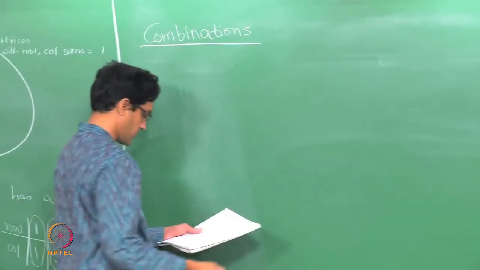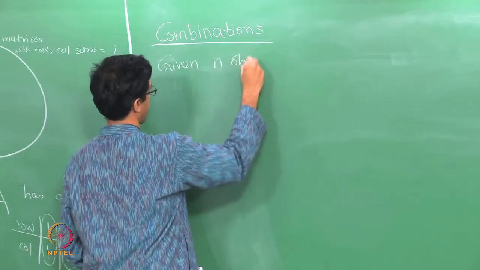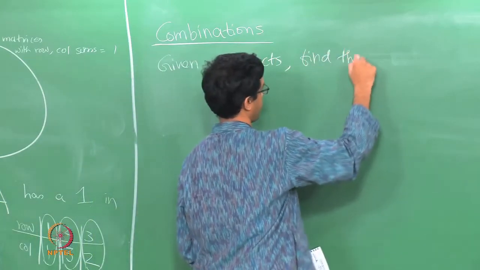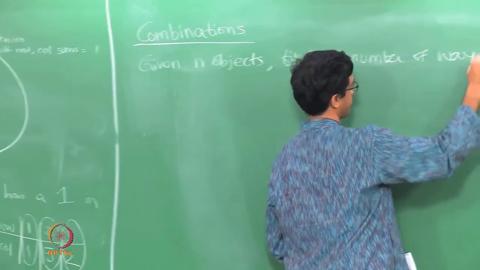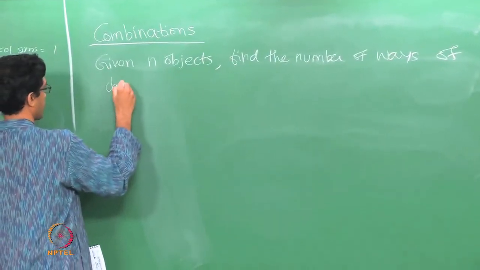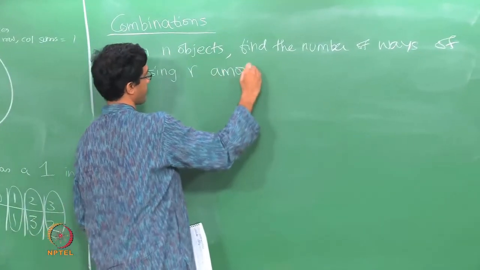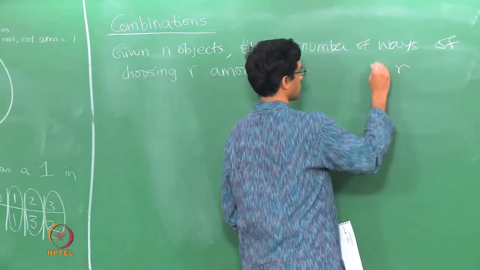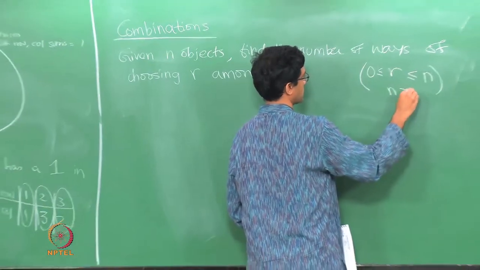So combinations, again the typical problem here. Here R is some number between 0 and n, and n is a number that's at least 1.